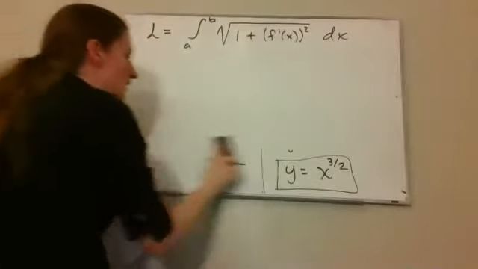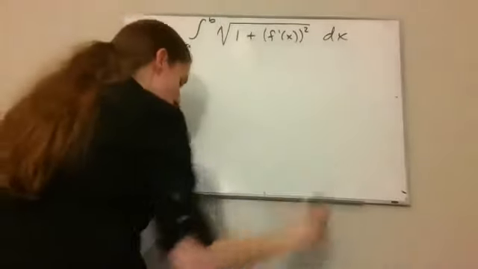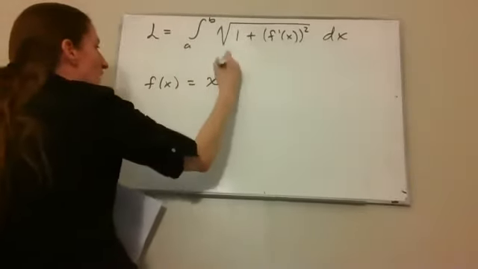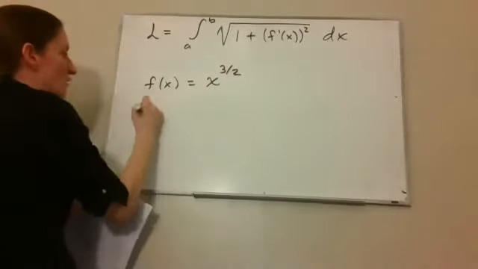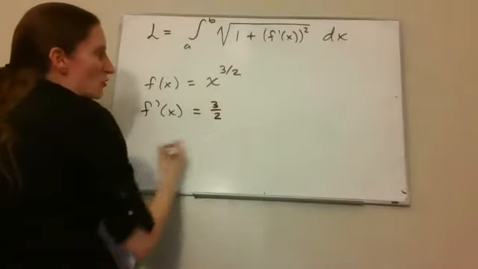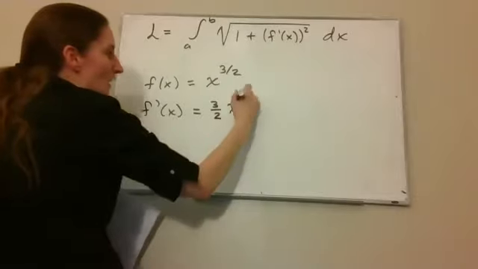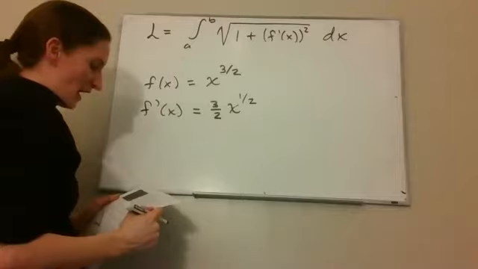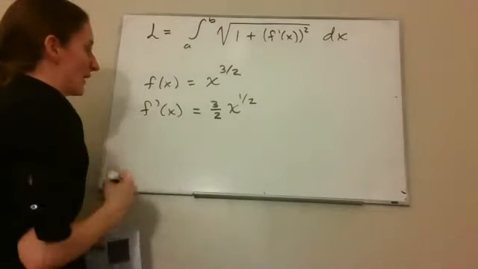My f of x is equal to x to the 3/2. So the derivative of my function, using the power rule, is 3/2 x to the 1/2. And I need that squared inside of my integral formula.